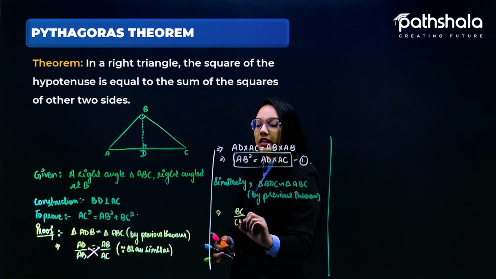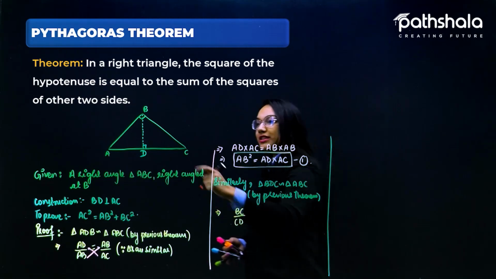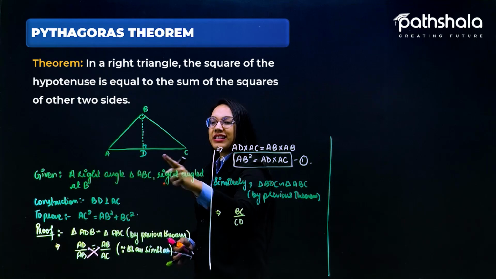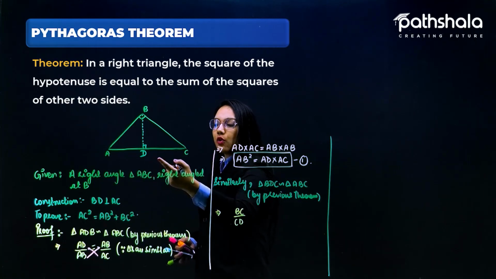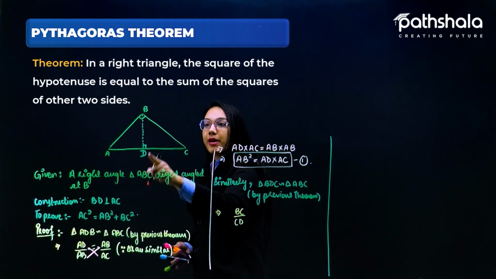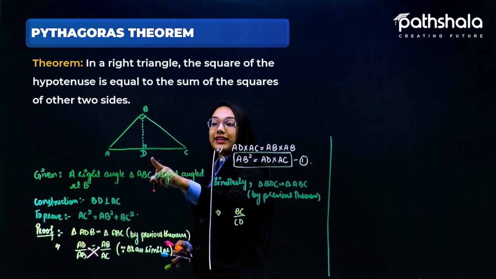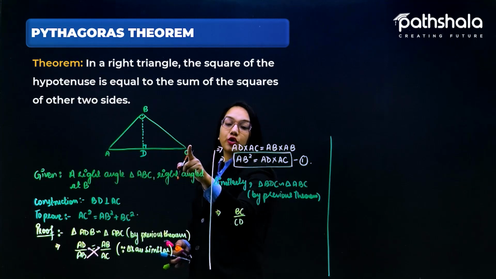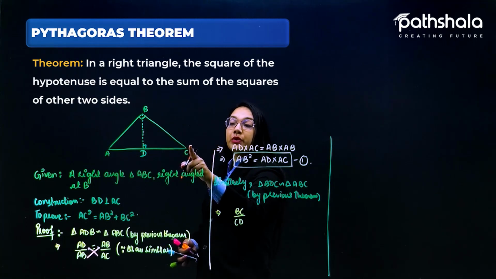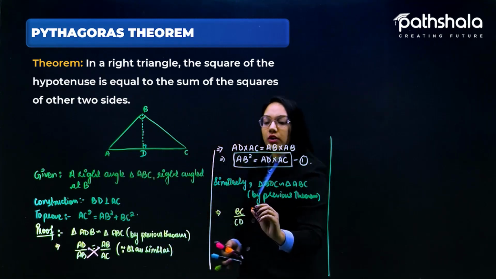So it implies that BC by CD, or we can say CD by BC should be equal to BC by AC.